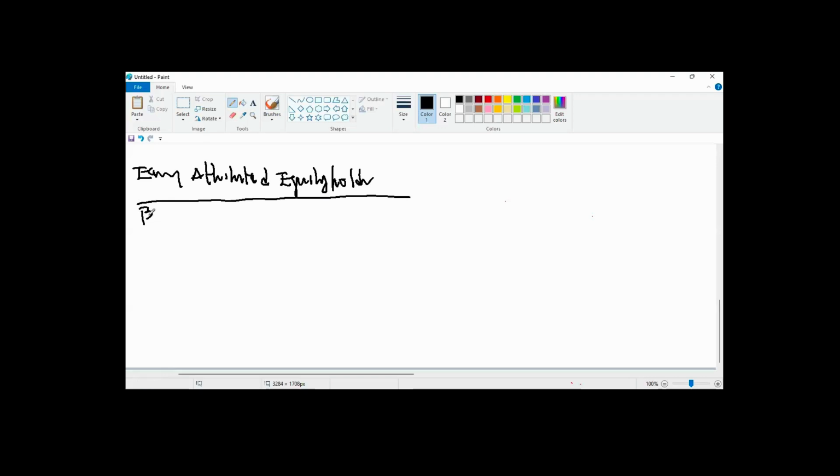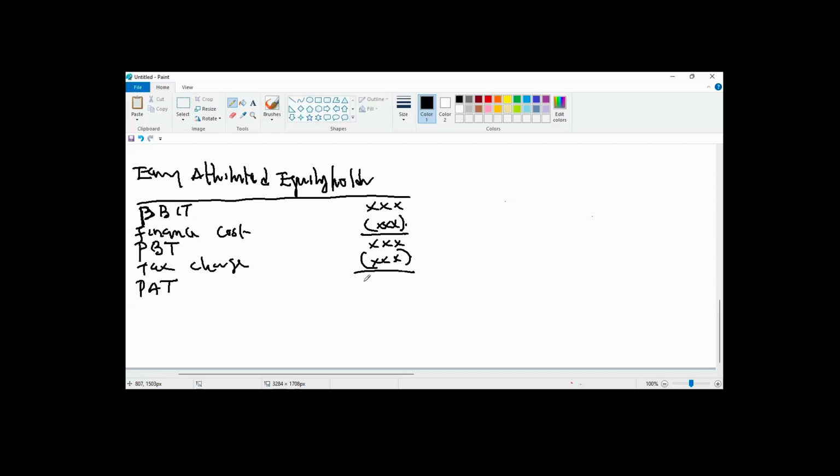If the question gives me profit before interest and tax, I will remove interest, the finance cost. This will give me profit before tax. Then I will remove the tax charge, which gives me profit for the year, or profit after tax, or profit for the period. Then I will less my preference dividend.